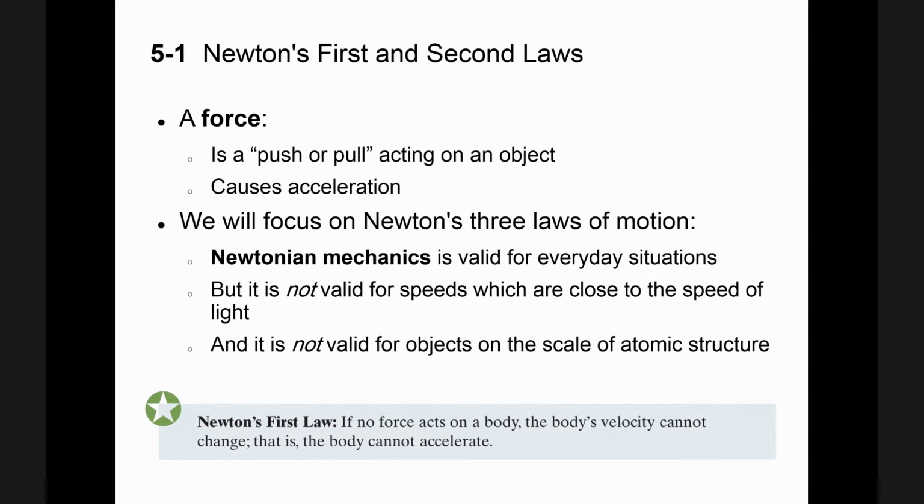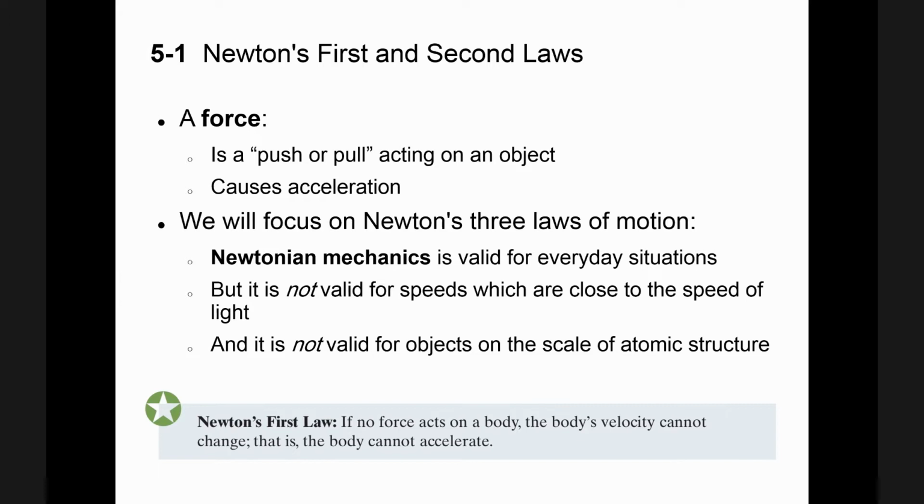This means that the indication that there is a force is a quantity called acceleration. Now, in this chapter, or in this course in general, we study Newtonian mechanics, which means Newton's laws apply, and it has some conditions. Newtonian mechanics does not apply for speeds close to the speed of light. So all the objects you study in this course have a limited maximum speed, like a rocket or a car.